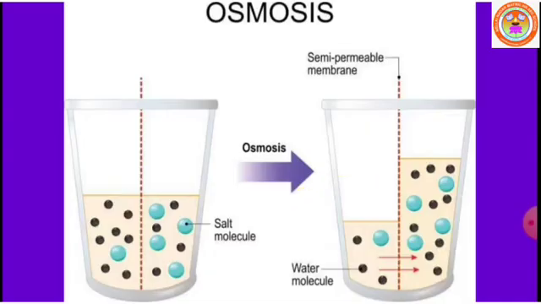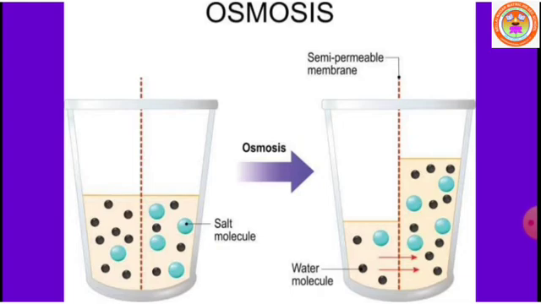through a semi-permeable membrane. You see this picture, the container is separated by a semi-permeable membrane. On one side you can see a more concentrated solution, on the other side you can see pure water.